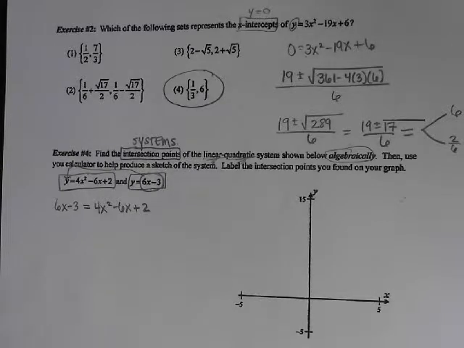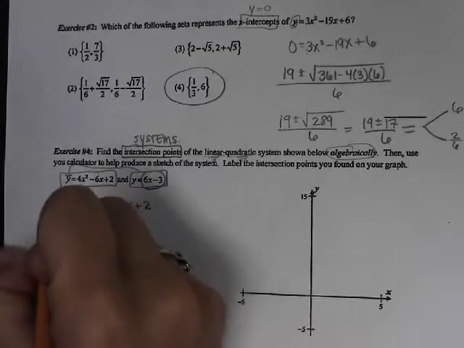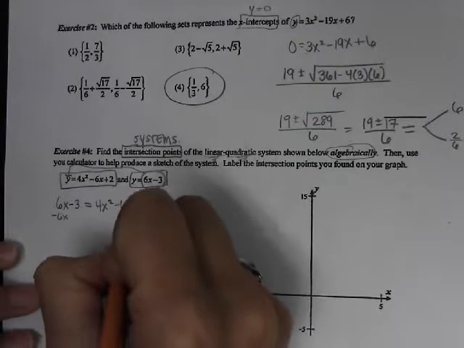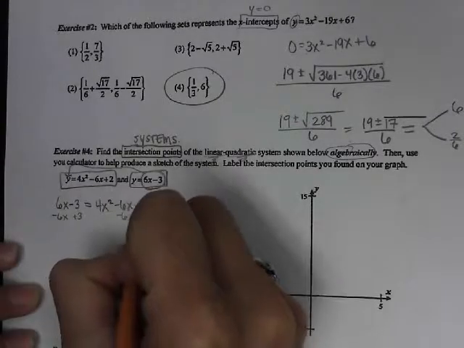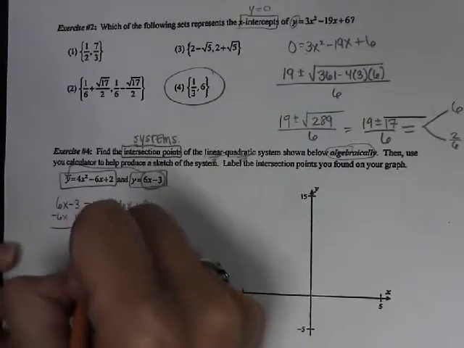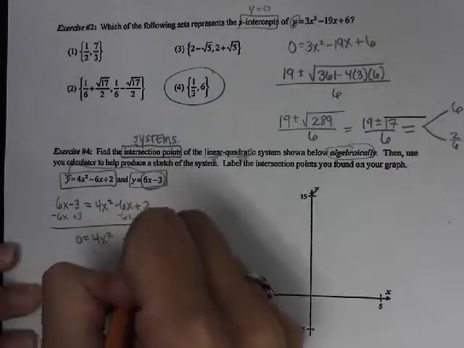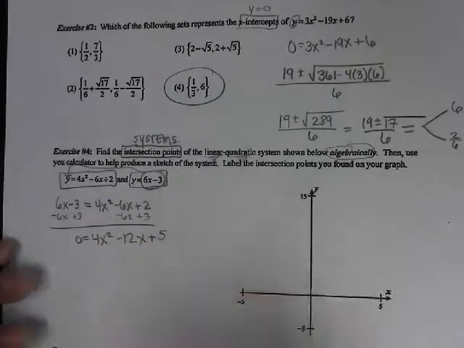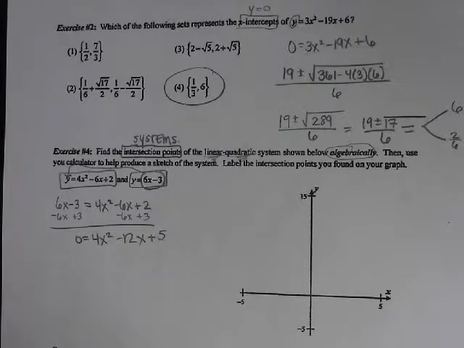And quite clearly, now we just have to solve for x, and it will give us where those equations are equal. So get it equal to 0: subtract your 6x over, add your 3 over, which changes our equation to 4x squared minus 12x plus 5. So jump into the quadratic formula.